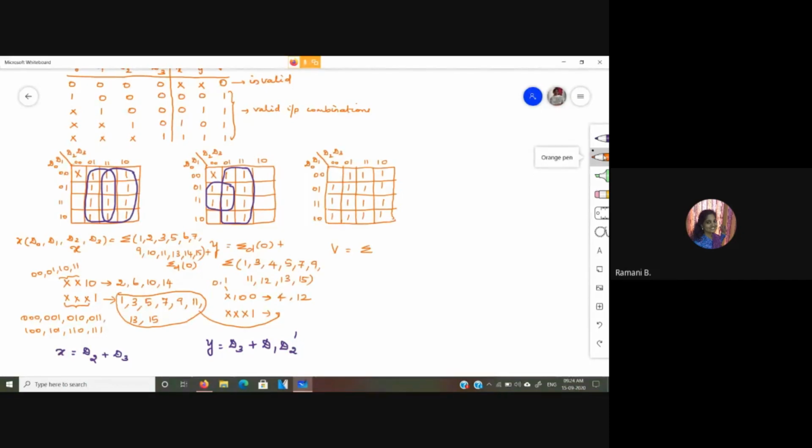So combining all these, that is this one, and this one along with the 8, right? So you have all the terms 1, 2, 3, etc. up to 15.